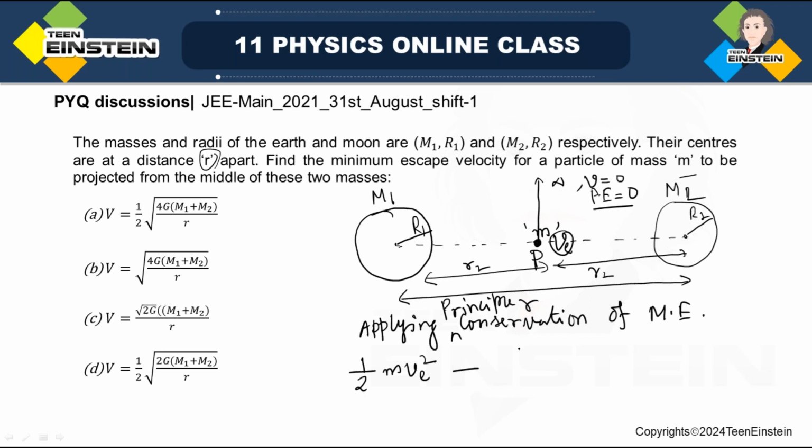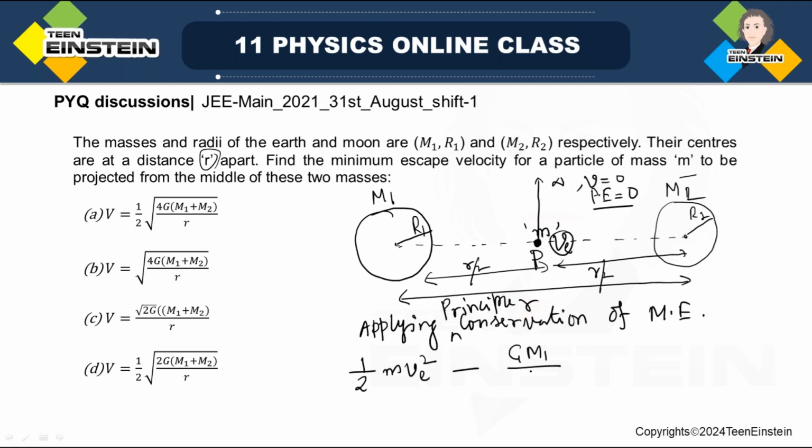Potential energy is mass into potential, and potential is Gm over distance. So for the Earth, it is G m1 by r by 2. I'm sorry, the distance is r by 2.